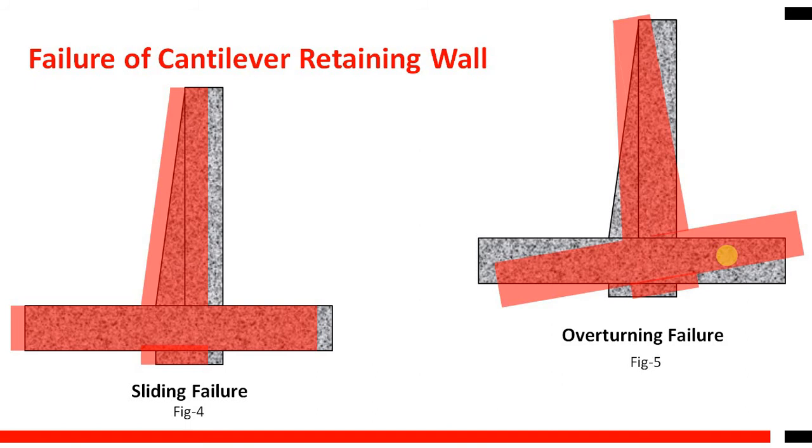So generally there are two kinds of failure, sliding failure and overturning failure, and we have to check for the maximum earth pressure and the minimum earth pressure which act on this retaining wall.